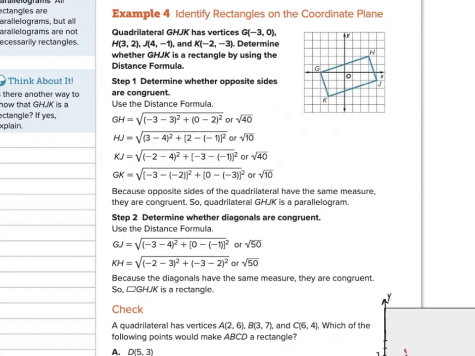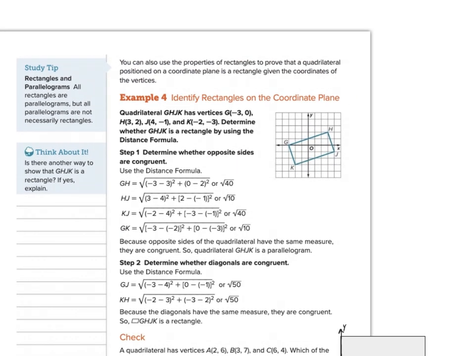And then here's the coordinate plane, of course, because we're going to be using the distance formula here. And it says identify rectangles on the coordinate plane. Remember, if my diagonals are congruent, that identifies it as a rectangle. So we have my vertices here where they've graphed them, and it says determine whether it is a rectangle by using the distance formula. Okay, first of all, it's a quadrilateral.